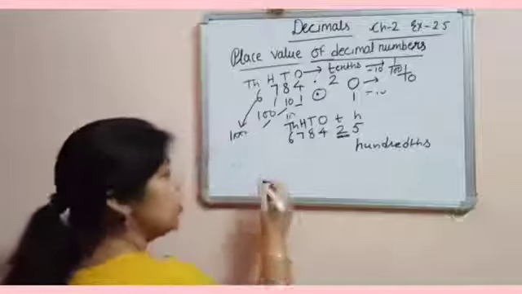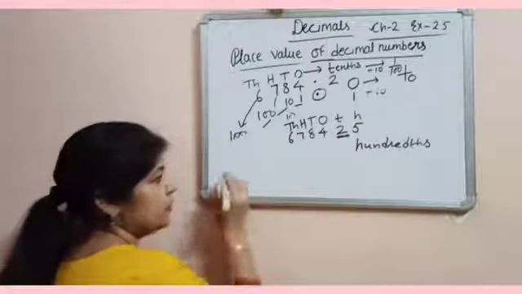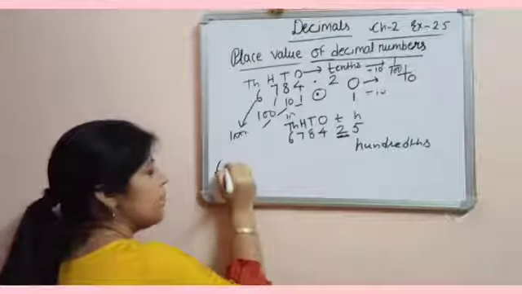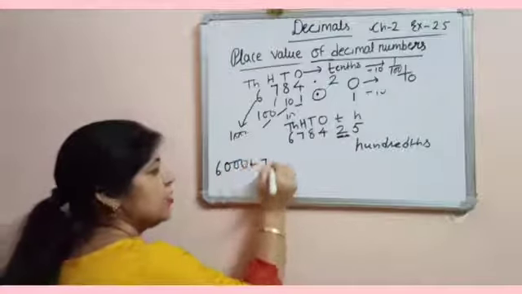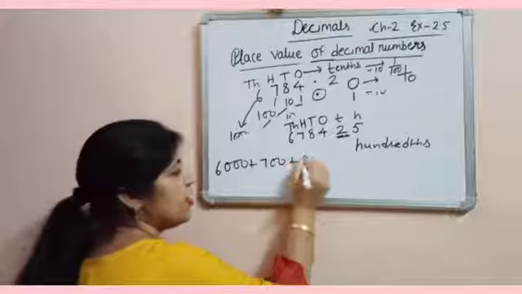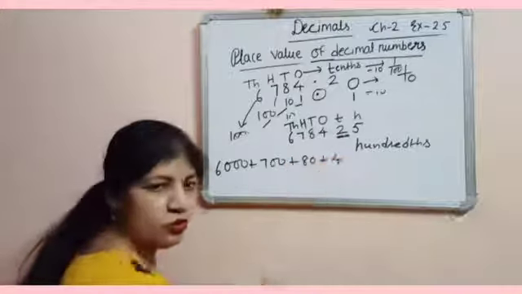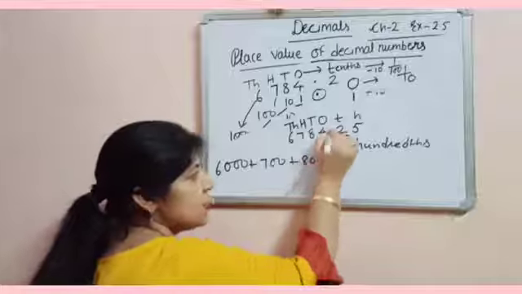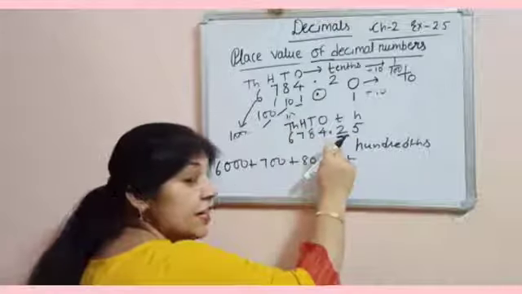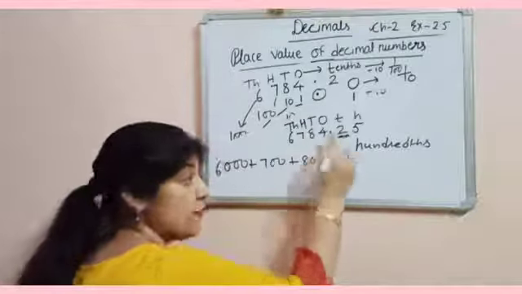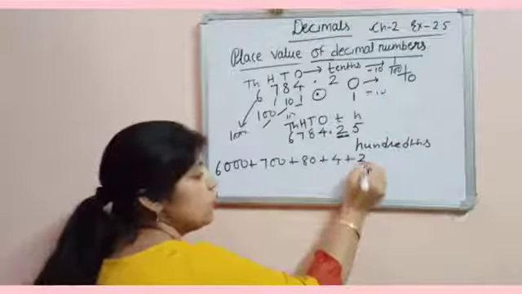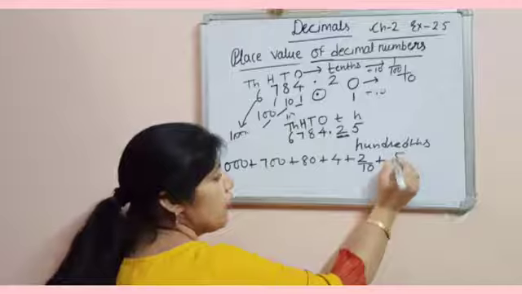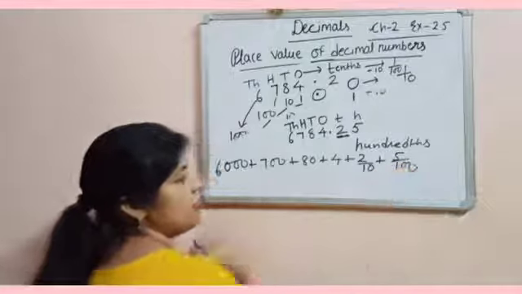Is that clear? So when you expand it, you know the expansion of a whole number. That will be 6,780 plus 4. But now when the decimal starts, it is at the tenths position, meaning 1 by 10. So 2 upon 10 plus 5 upon 100.